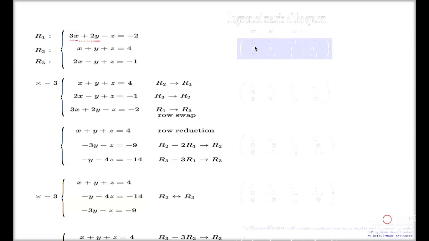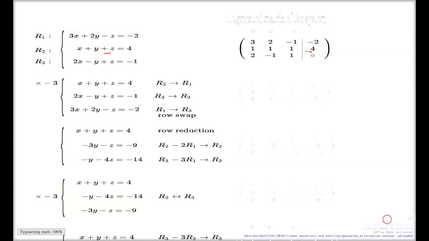So what we can do is combine all the coefficients. Look at this, these are the coefficients in my first equation on the left-hand side, and here's the number on the right-hand side. Here are the coefficients on the left-hand side in the second equation, and the 4 is the right-hand side in the second equation. Here are the coefficients of the last one.